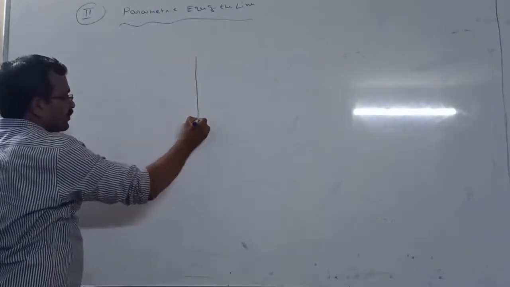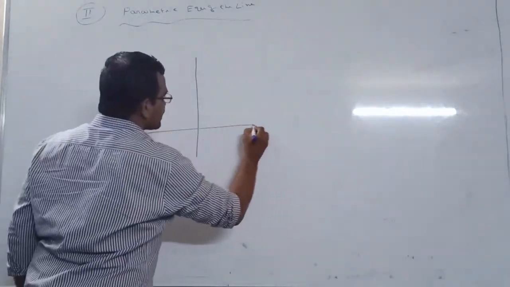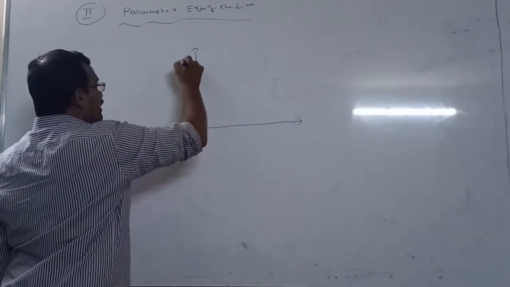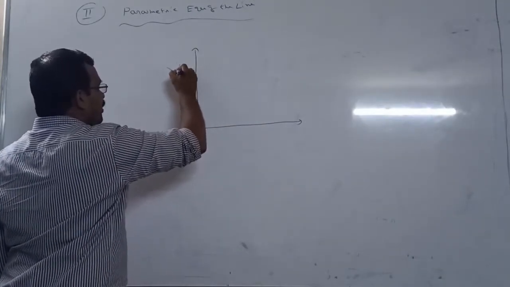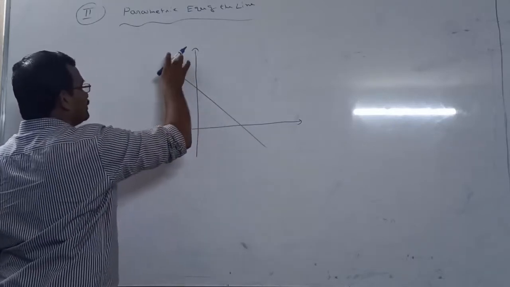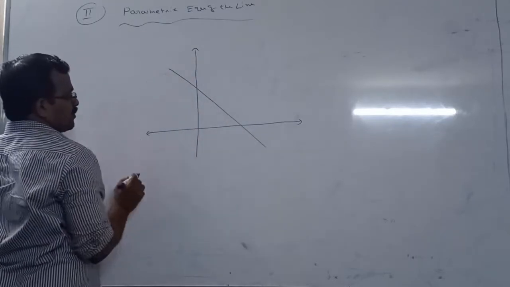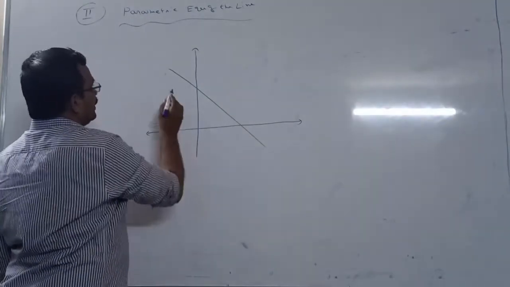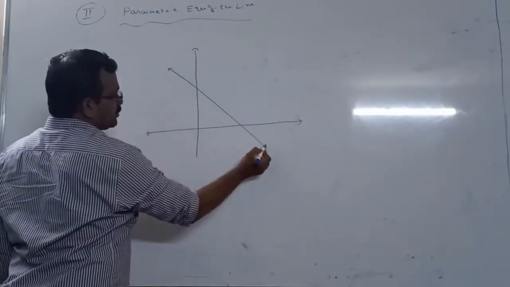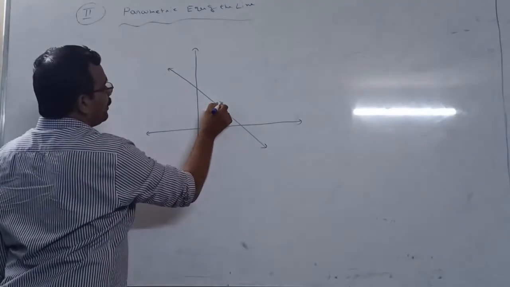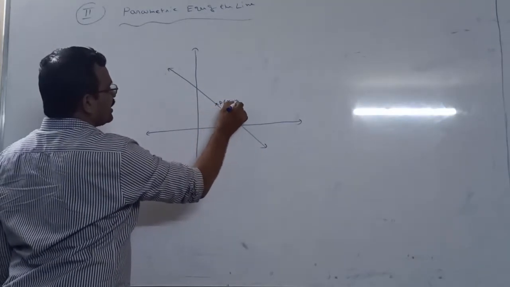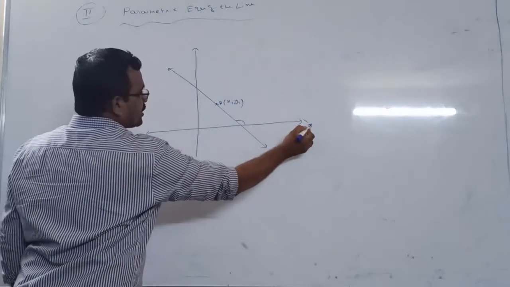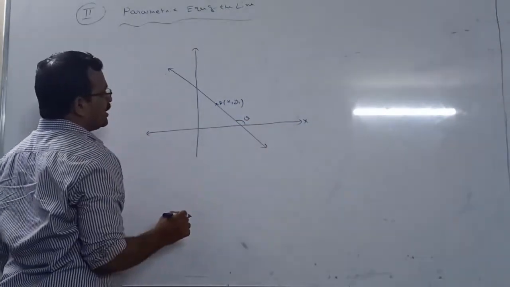Suppose a line is passing through the point P(x1, y1) and the angle made by the line with the positive direction of the x-axis is theta.